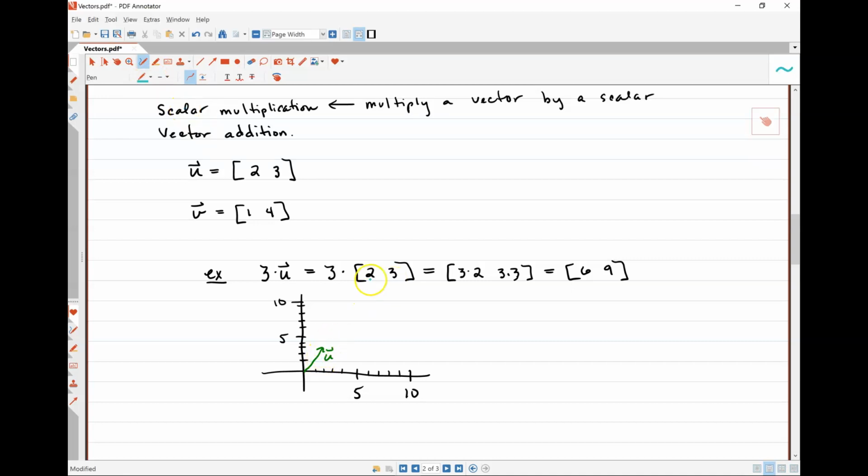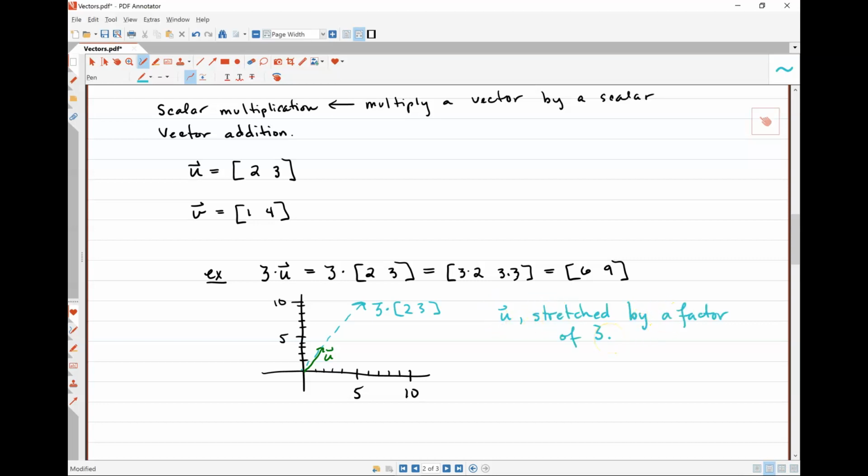If we multiply the x component by 3, instead of pointing at 2, we're going to be pointing at 6, and the y component is going to be 9. So we're going to be pointed up here. So this is our new vector, 3 times (2, 3). And it's just the same plain old vector stretched out by a factor of 3, pointing in the same direction.